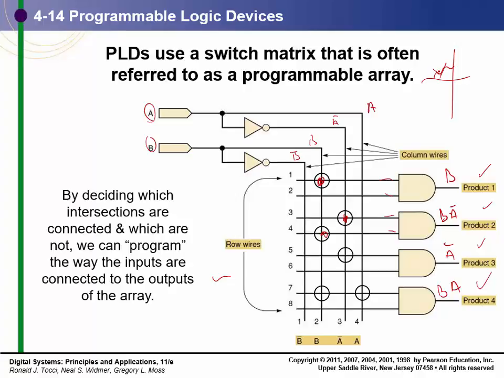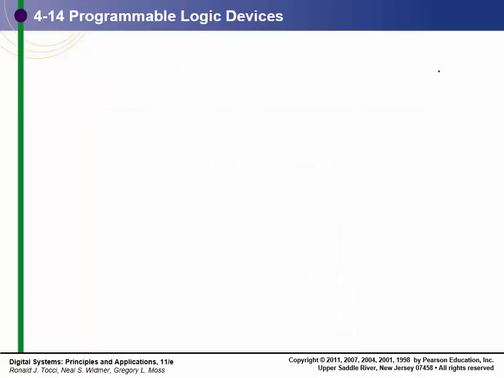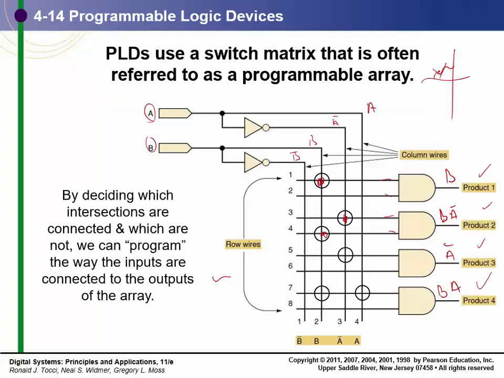Those are one-time programmable parts, and they're very cheap. Others use transistors that we can EEPROM program. Now what they don't show here is that these are then all run through an OR gate, so we end up with that sum of products notation.